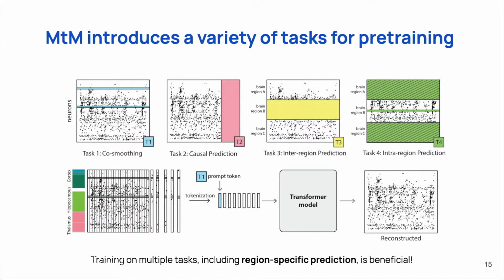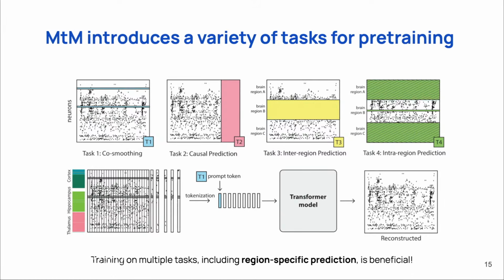But I would say, one thing that seems to be very useful in these types of cases where you actually have recordings from multiple different brain regions is to also use masking strategies that will force the model to use information across different brain regions in order to predict held out data.